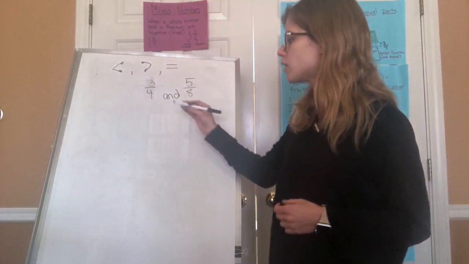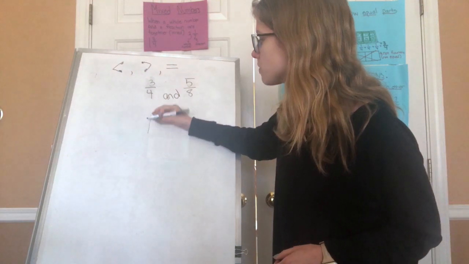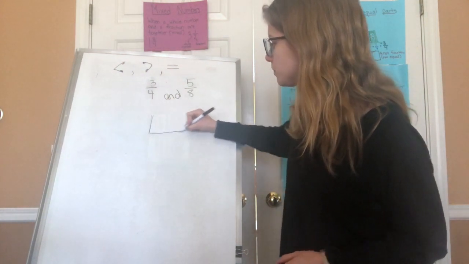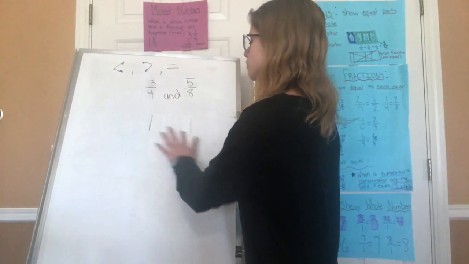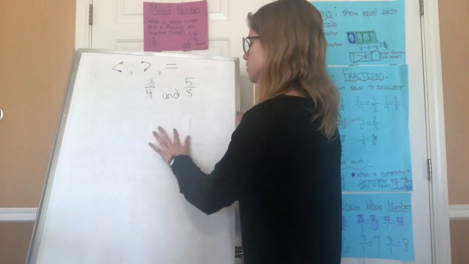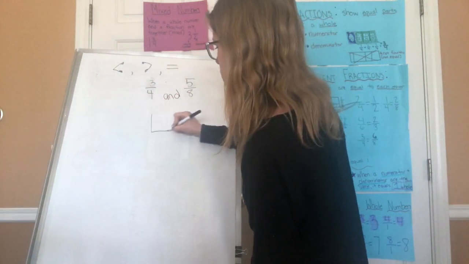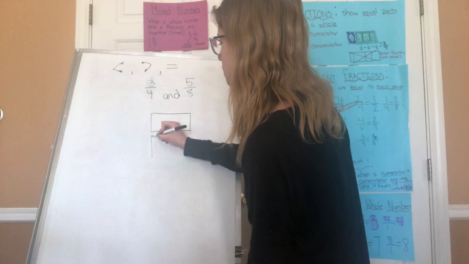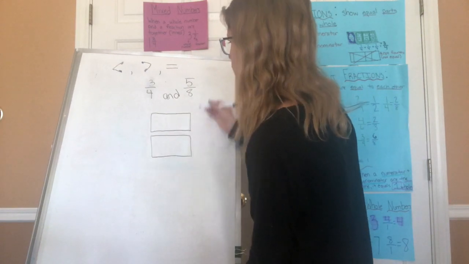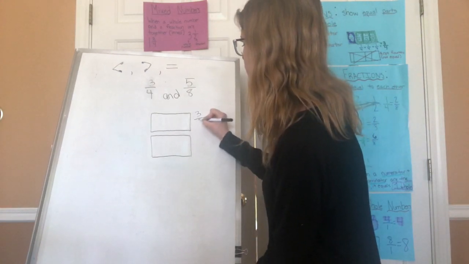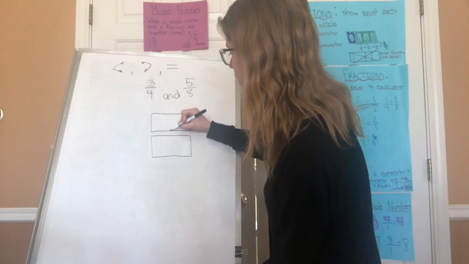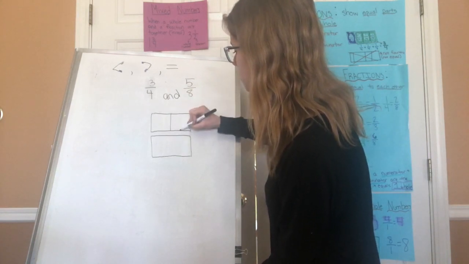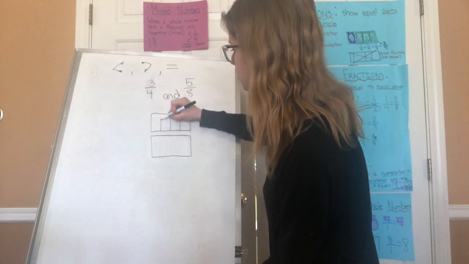Let's use a fraction bar to actually compare these fractions. Remember, my fraction bar needs to be equal. So first I'm going to do 3/4 by breaking it up into two parts, and then I'm putting 2 in each.